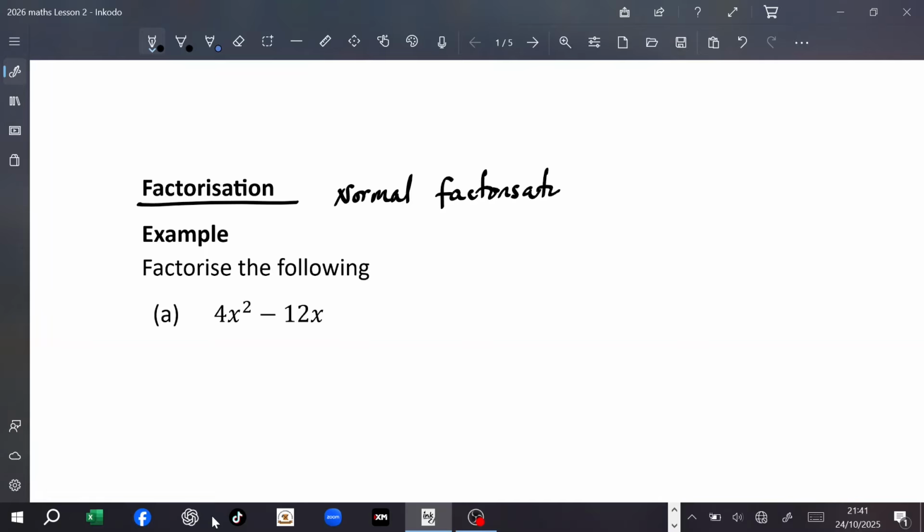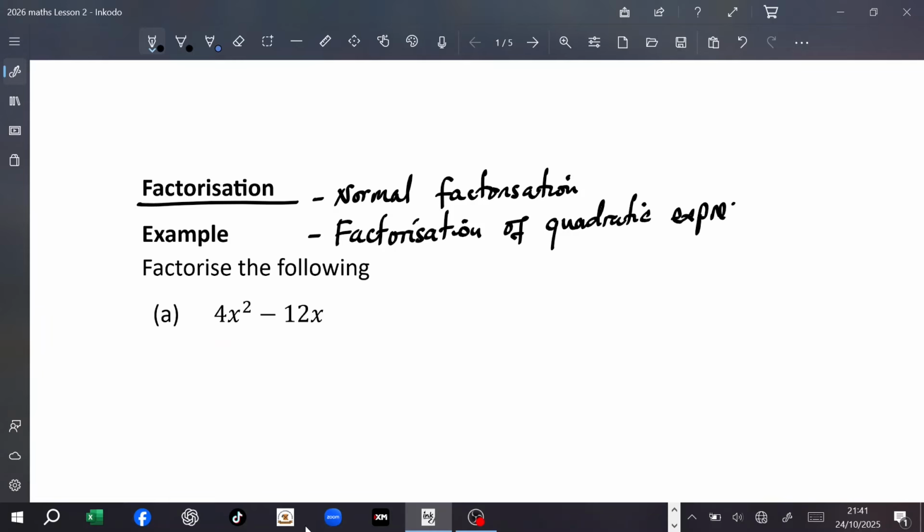We'll also look at factorization of quadratic functions, or quadratic expressions rather. Okay, so that's what we will look at.